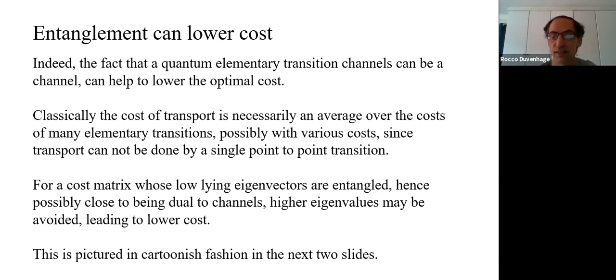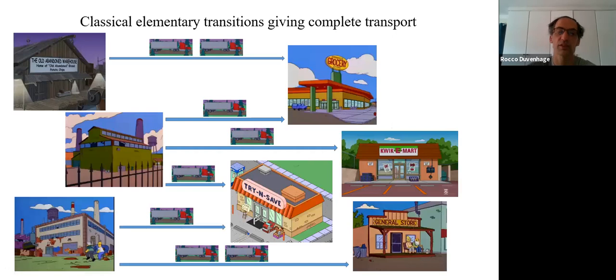So there you would really need all elementary transitions to be very cheap. Whereas in the quantum case, if you can just find a small number of low-cost elementary transitions, that may in fact still be sufficient to perform the complete transport. And I'll express it schematically like this. This is a similar picture that I gave, or the same picture that I gave earlier on.